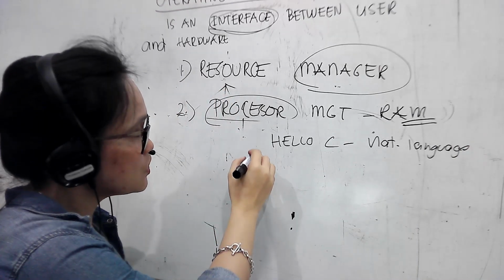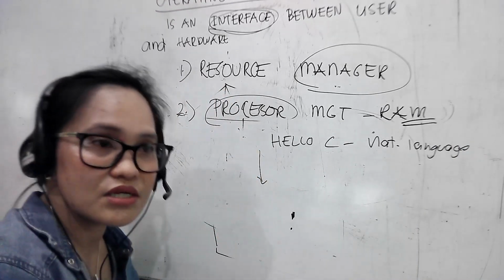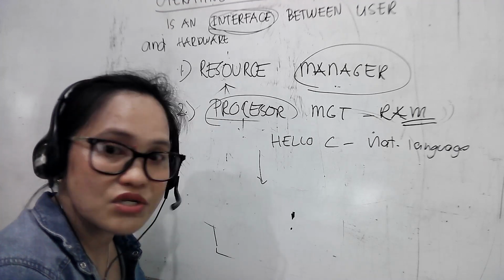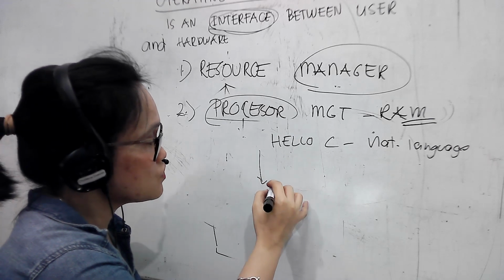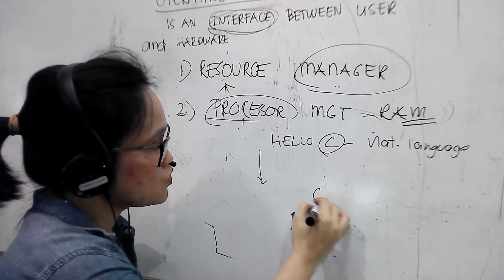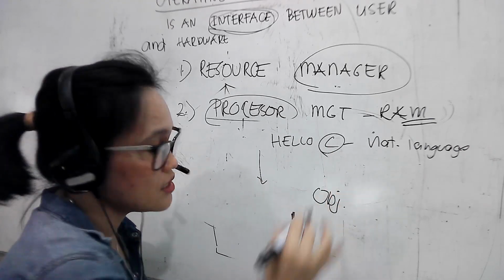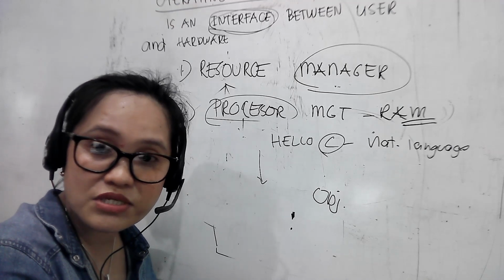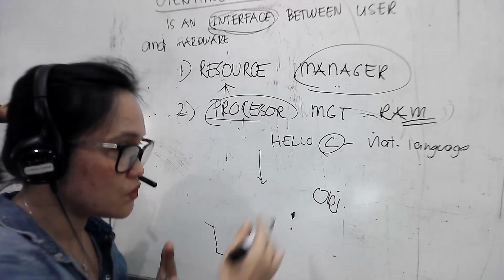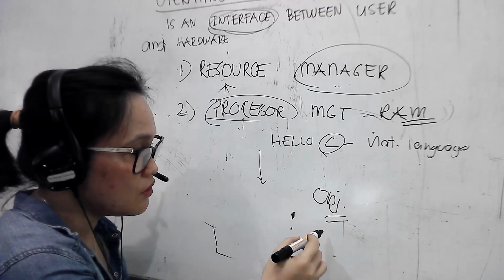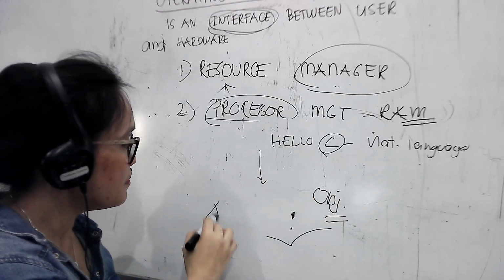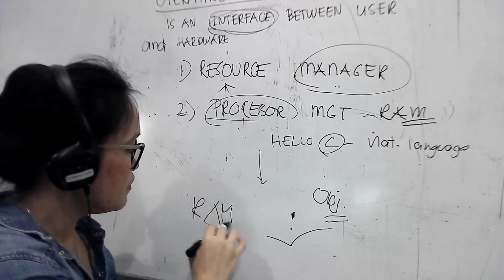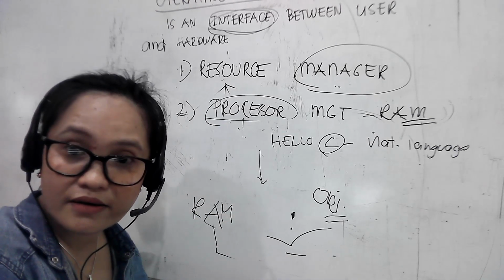However, if you're going to convert this into a language that the computer can understand, the C will usually become an object, which the computer can understand. Now, if you're going to run this, the operating system will allocate the RAM for it to run, right?